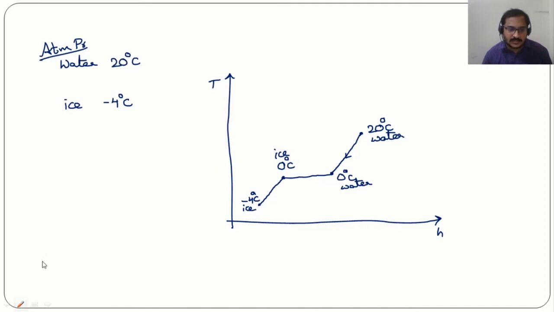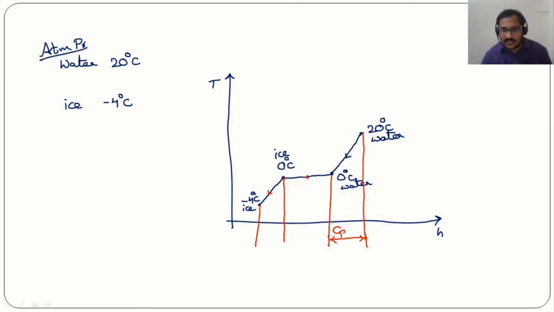Now here we need to understand what the actual refrigerating effect required here is. The actual refrigerating effect is the amount of heat absorbed during this total process by the refrigerant. Here you can observe that the water temperature is decreasing from 20 to 0.